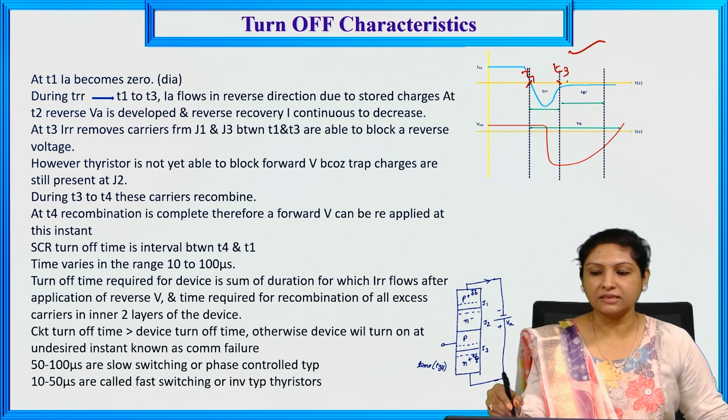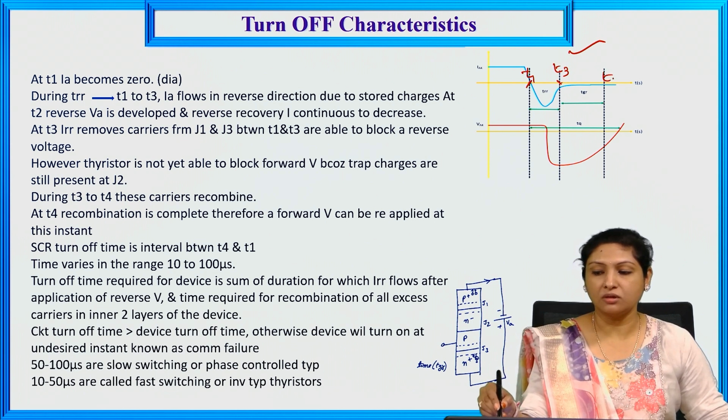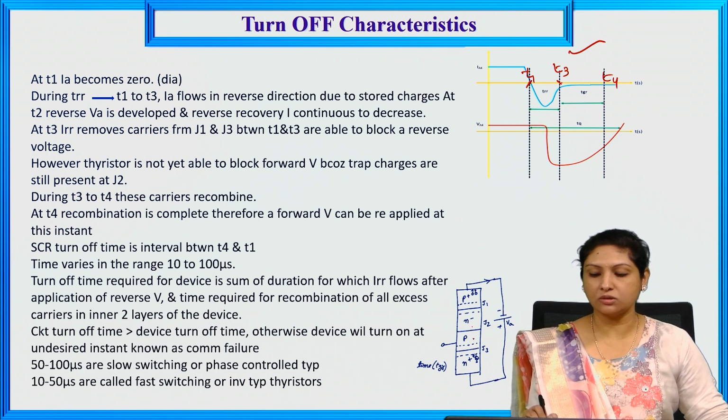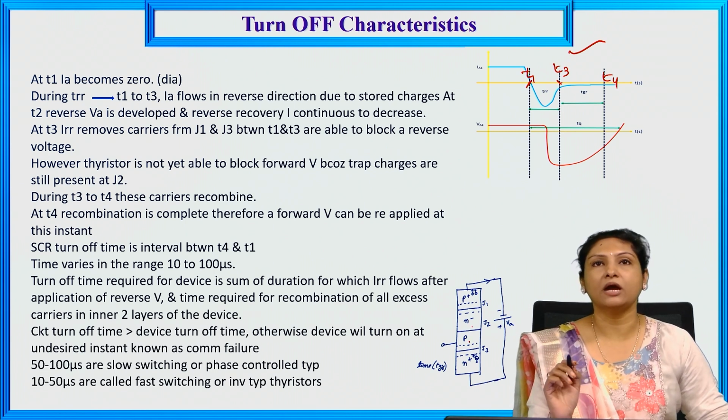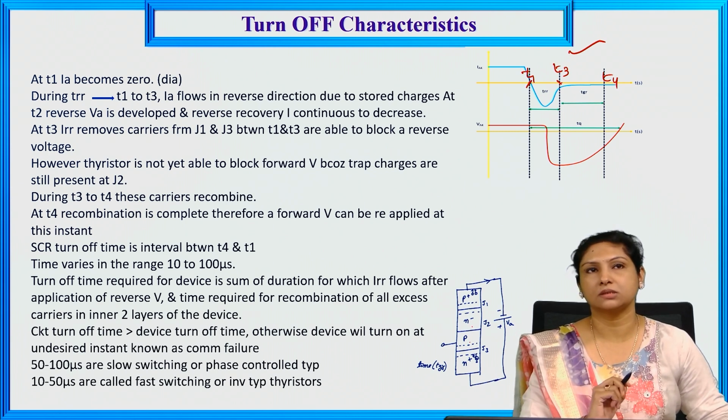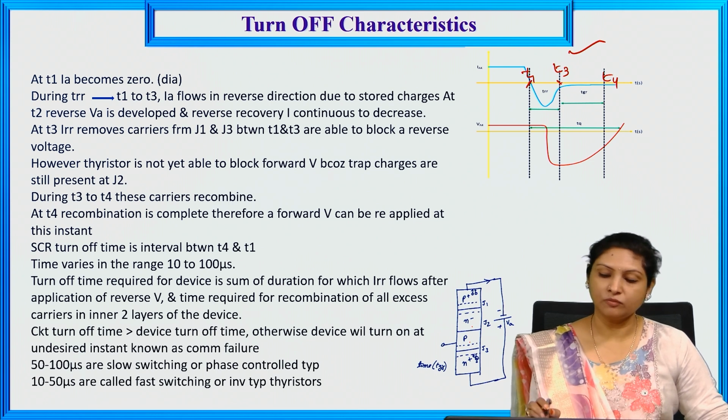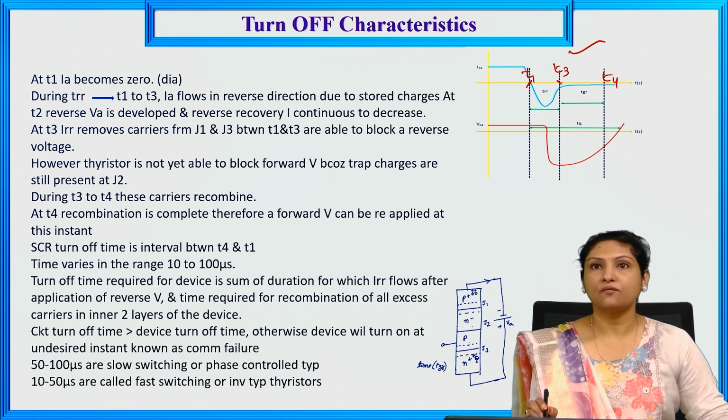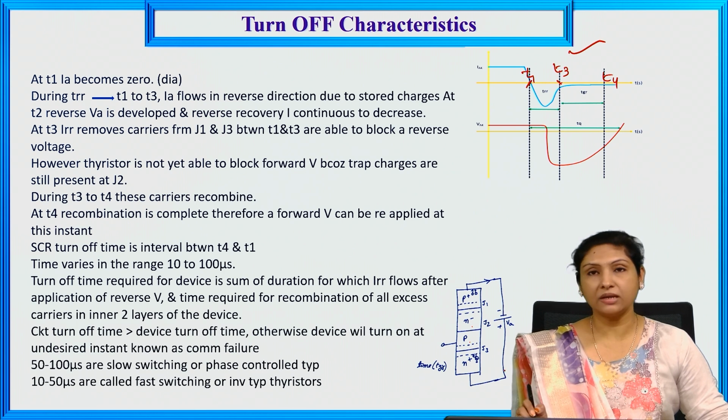And from T3 to T4, the recombination of electrons in the inner N layer and P layer takes place. Removing charge carriers from the outermost layers, that is the outer P layer and outer N layer, is easy.